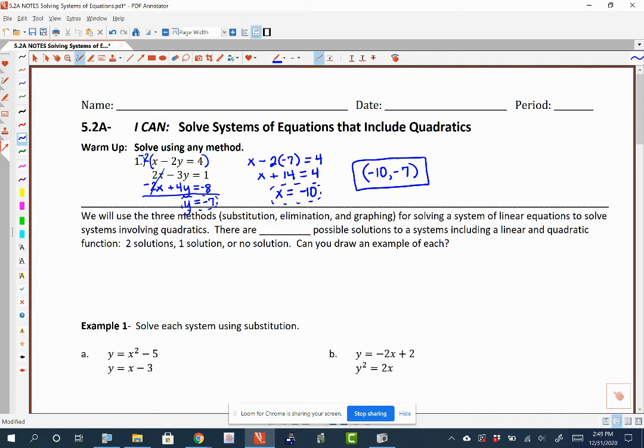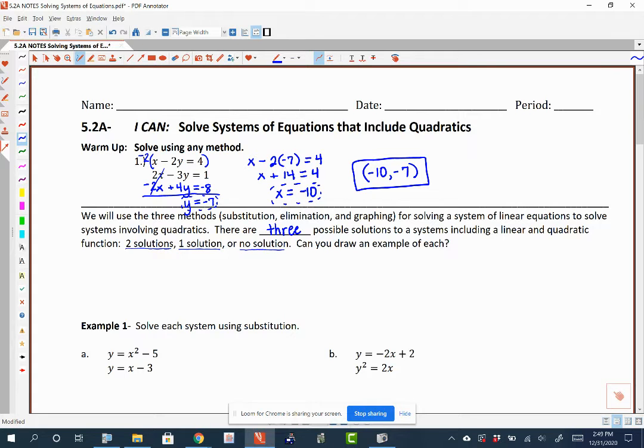So there are three possible solutions to a system that's including a linear and a quadratic. So we could have two solutions, we could have one solution, and we can have no solutions.